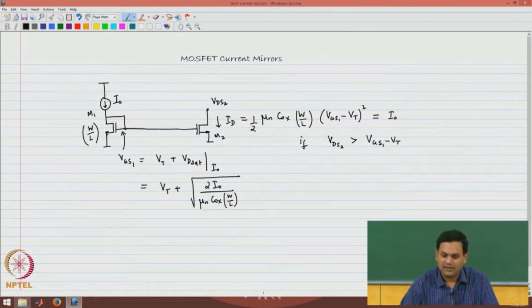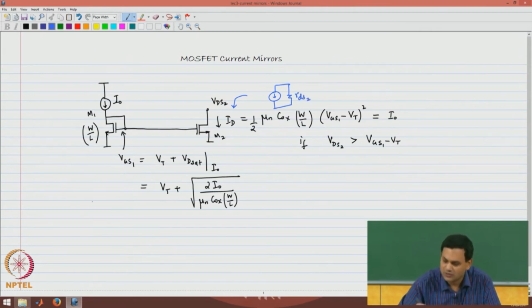Now, this current mirror can be used to bias other circuits. For example, this portion of the circuit looking down looks like a current source with a very large resistance. The value of the resistance is the output resistance of the MOSFET, which is RDS2. So, this transistor M2 presents itself to the rest of the circuit as a current source with some RDS2.